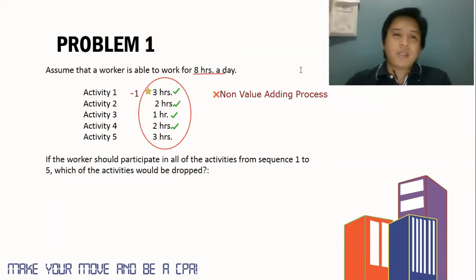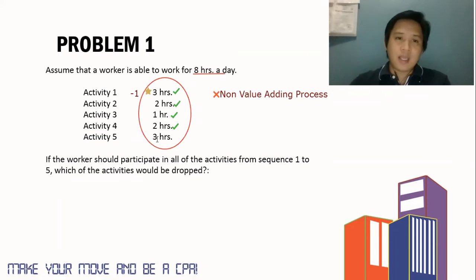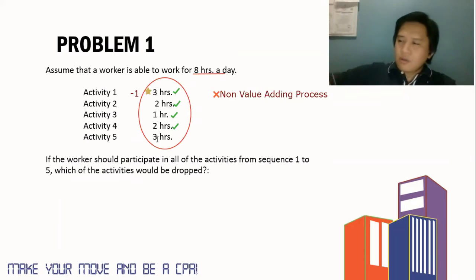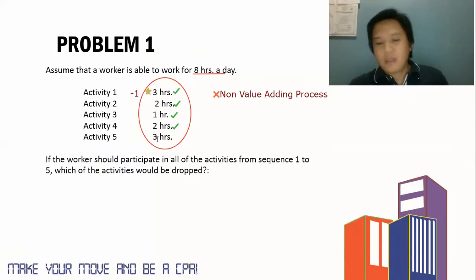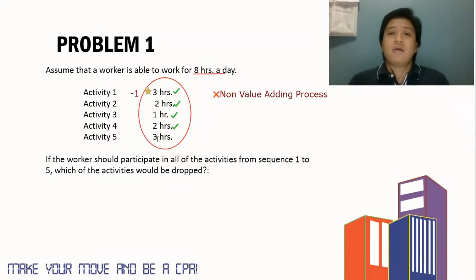Okay? So with that, if makatipid ka uli ng 1 hour on activity 5, then therefore, all the activities can be accommodated within the working hours, which is 8 hours a day. So day in, day out, kung ma-improve mo, ma-eliminate lahat ng non-value adding activities, then better for the company.